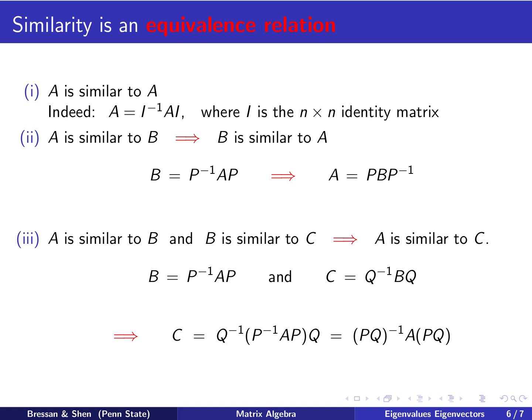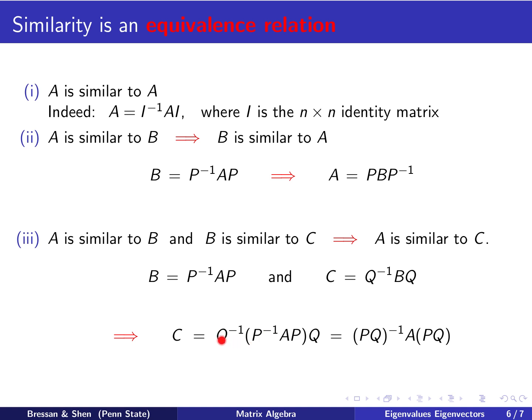So what we can do here is, for this B, we plug in this relationship. So we'll have C equal to Q inverse times B, which is now this complicated term, times Q. And then we can group them. We can do the Q inverse times P inverse and do that product first.